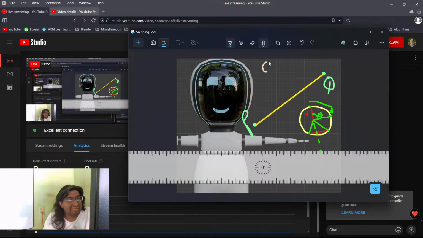Let's suppose we have this, just the center of the circle, and I want to draw this. It will be 8 minus radius and k.